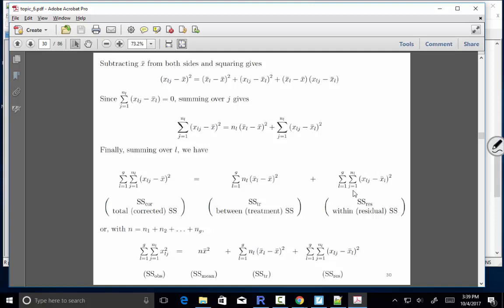And then the within group variation, it goes group by group. This first summand is over the groups, and it considers the sum of squared deviations about the group-specific mean. So it looks within groups. It goes to the Lth group and asks, what's the variation in this group? Add that to the next group and the next group. Total variation, we decompose it into a between group variation and a within group variation.